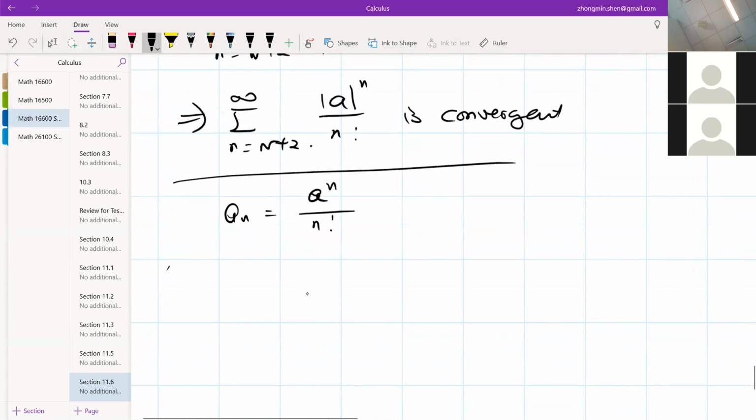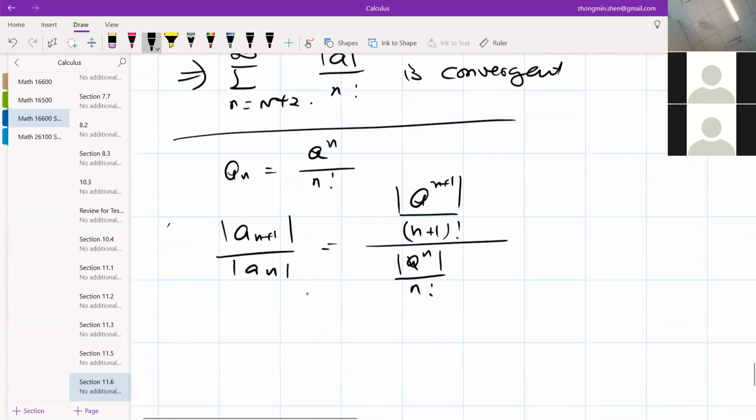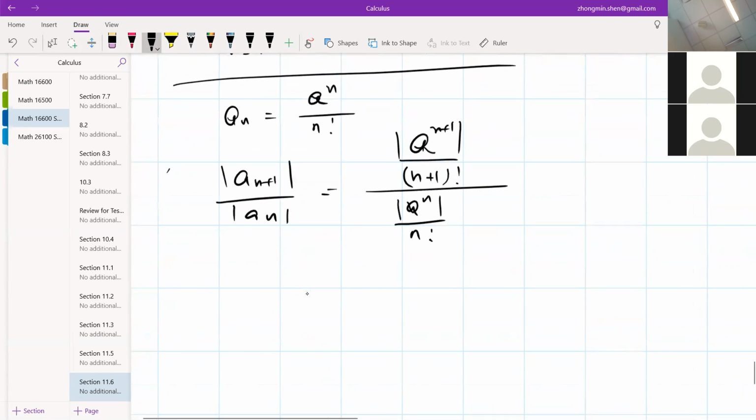Right, so look at this. a_(n+1) over a_n, right? I'm going to find the limit. So simplifying this, all right.